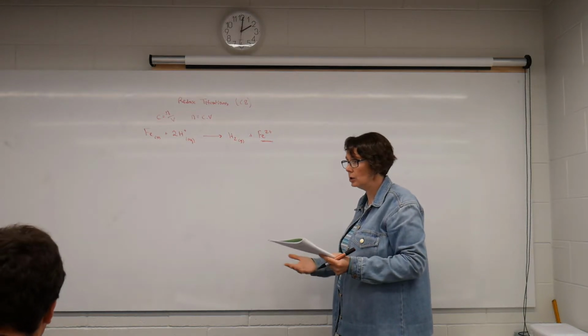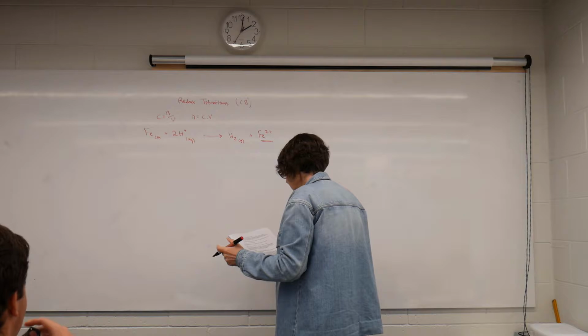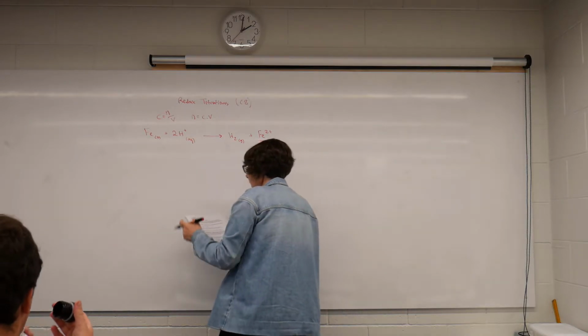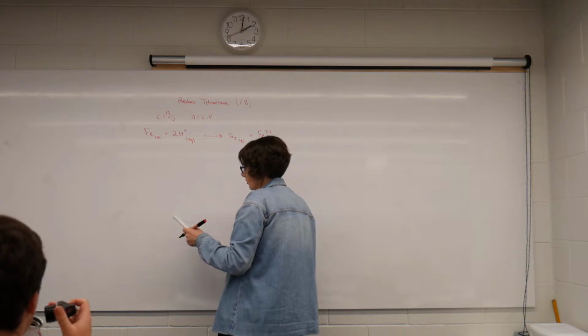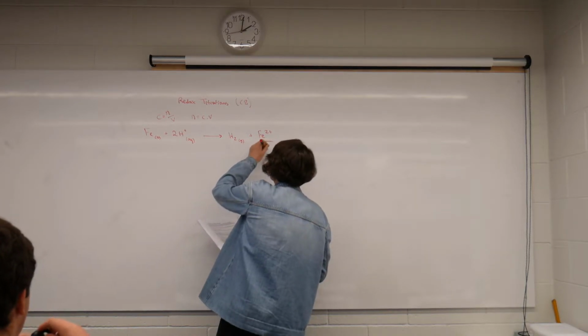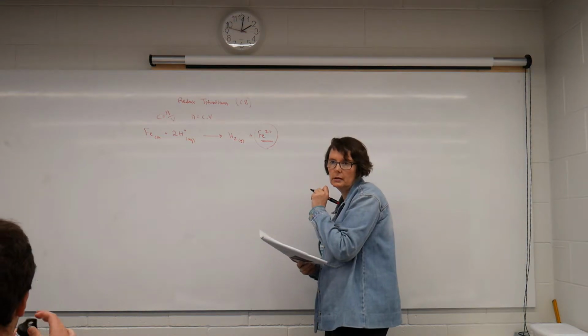Okay, they continue on and oxidise to Fe3+. And we have our permanganate half equation as well. So this is the step that we need to do to get the Fe2+ ions.